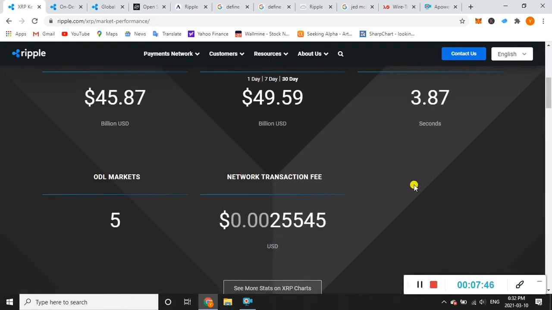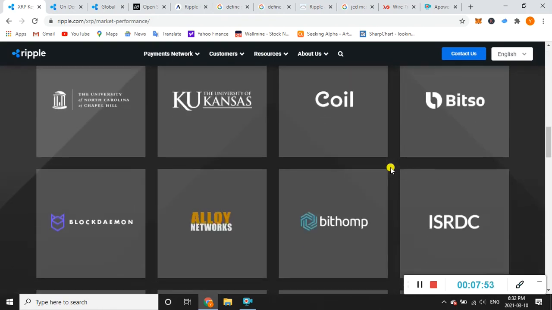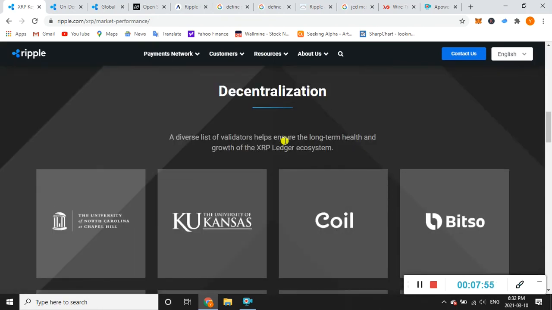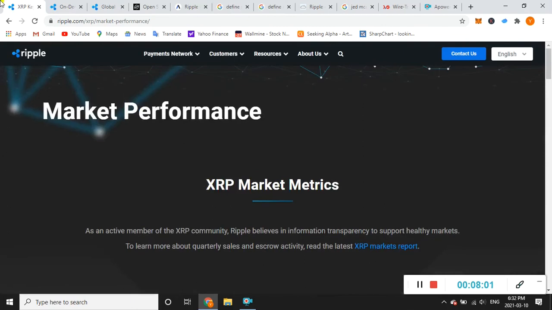Volume, market cap. On-demand liquidity markets 5, and then these are all the validators that XRP uses. So that's pretty cool. And I think that's everything that I really wanted to talk about for Ripple.